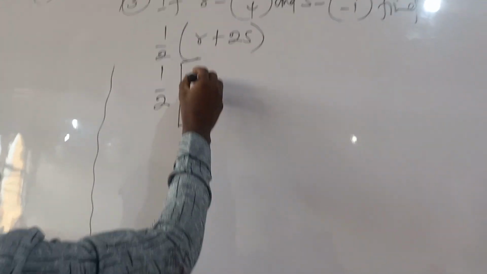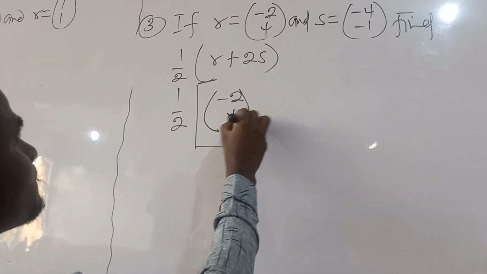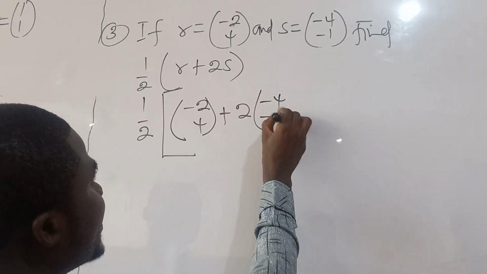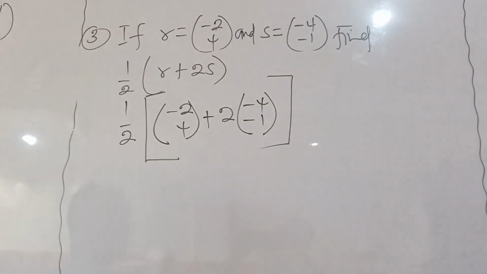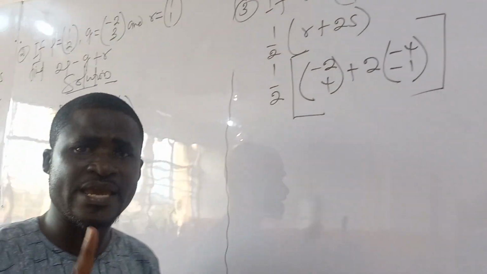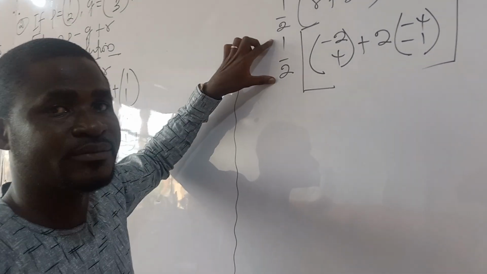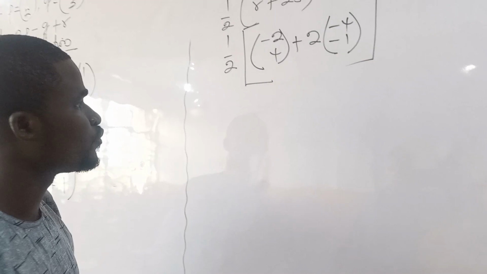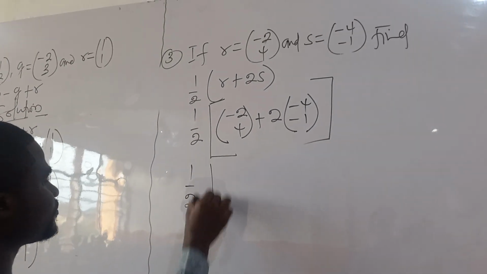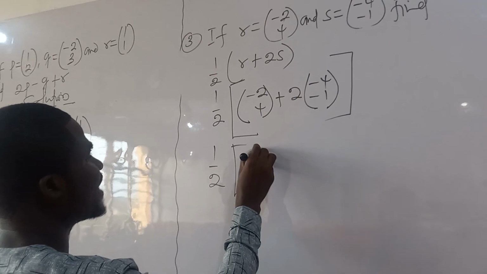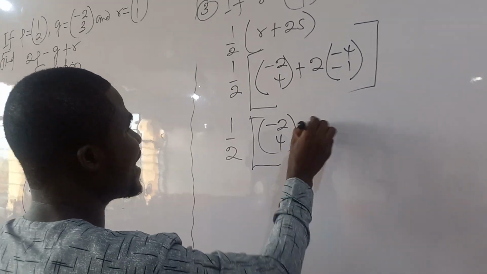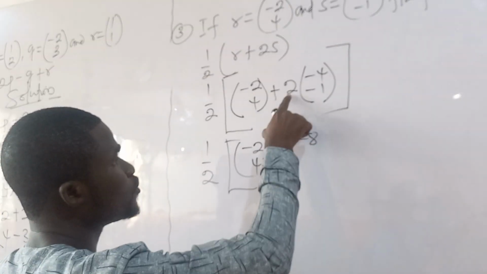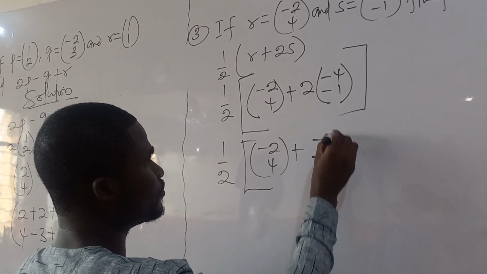So, r says what? (-2, 4) plus 2 into bracket, s is what? (-4, -1). Now, take note here. The 1 over 2 here is a fraction. It's affecting everything in the bracket. So, bracket first. Negative 2, 4, plus 2 times negative 4 will give me negative 8. 2 times negative 1 will give me negative 2.